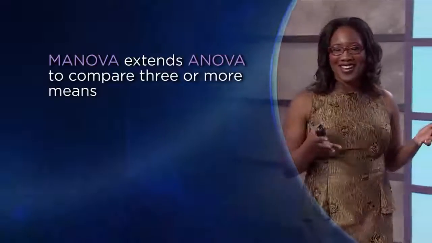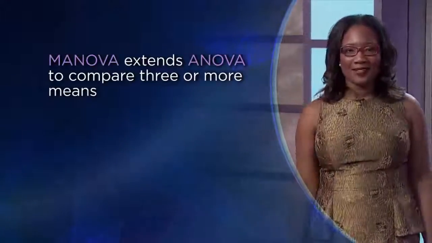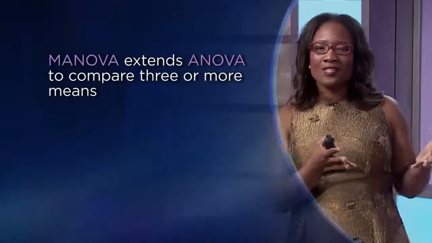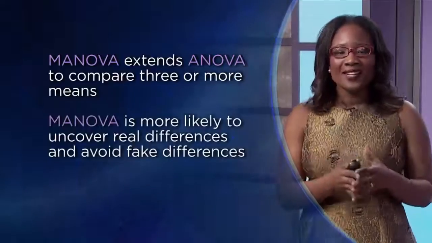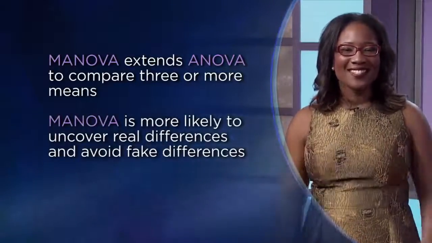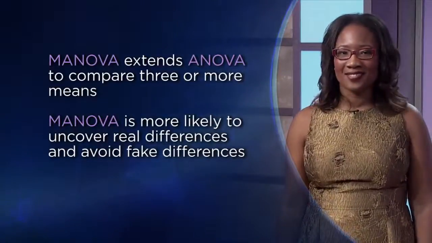MANOVA, on the other hand, extends ANOVA to compare 3 or more means. Now, compared with doing multiple rounds of ANOVA separately, MANOVA is actually more likely to uncover real differences and avoid fake differences, especially those type 1 errors.